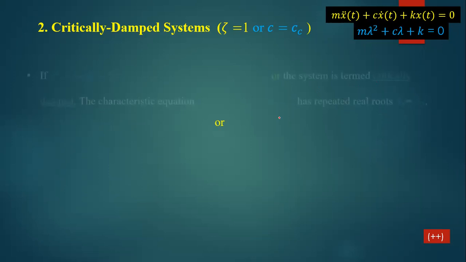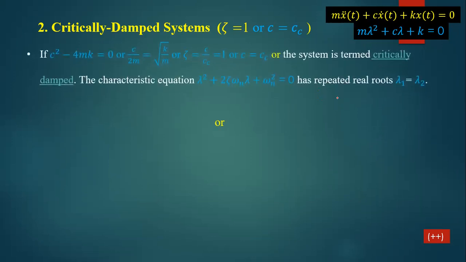Now let's go to the critically damped case. This is the case in which zeta is equal to 1, or C is equal to CC. During this time, the characteristic equation has repeated real roots. That means lambda 1 and lambda 2 are the same.